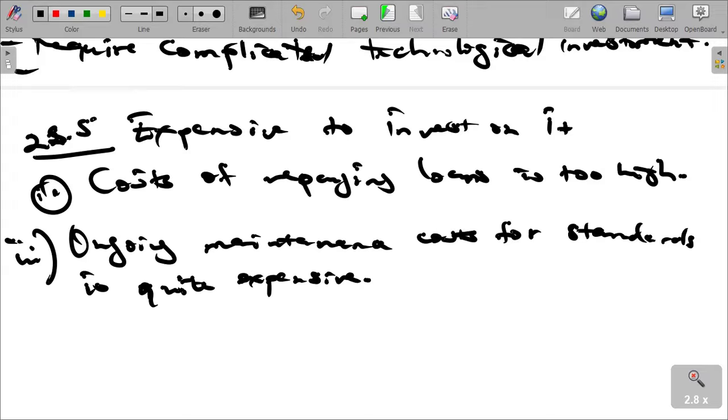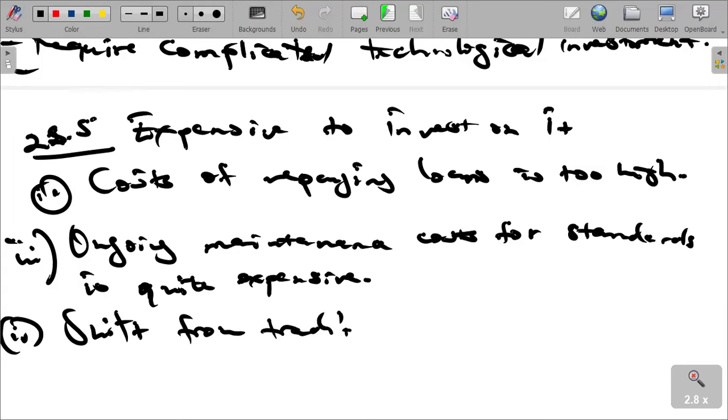And then there is also the shift from traditional sources, which may cause job losses.